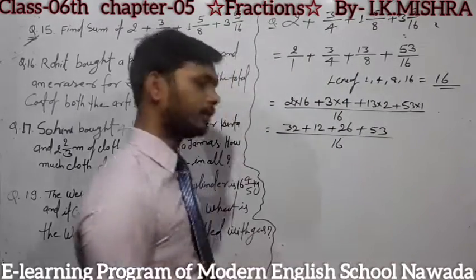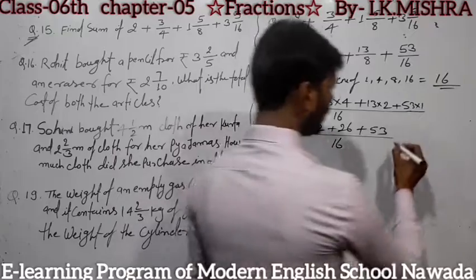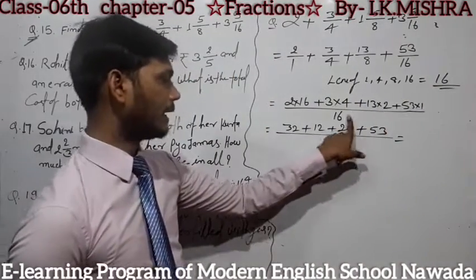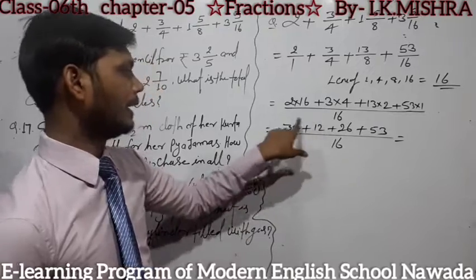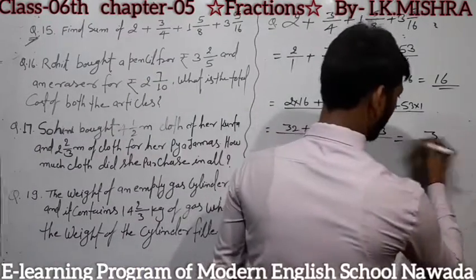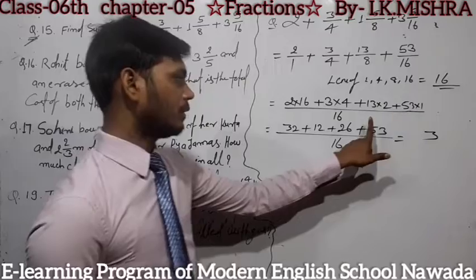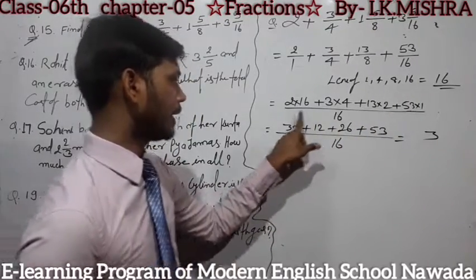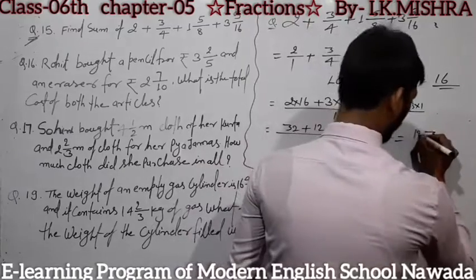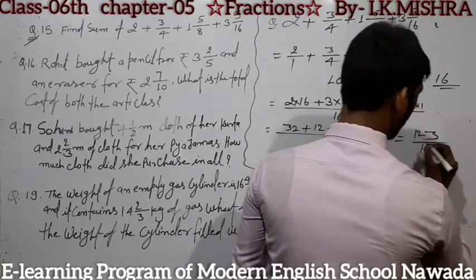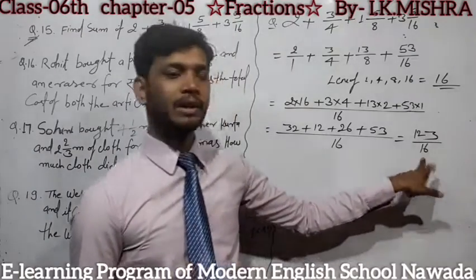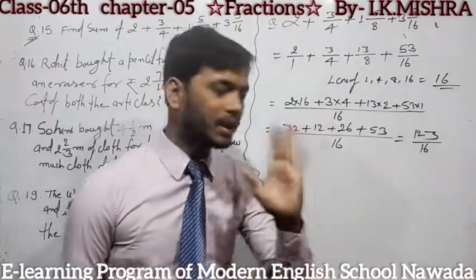Students, after that you can easily add all of the numerators: 3, 6, 9 to 11, 11 to 13, 3 carry 1, 6 to 8, 1, 9, 9, 3, 12, so 123 by 16. Students, here it is an improper fraction and you can change it into a mixed fraction.